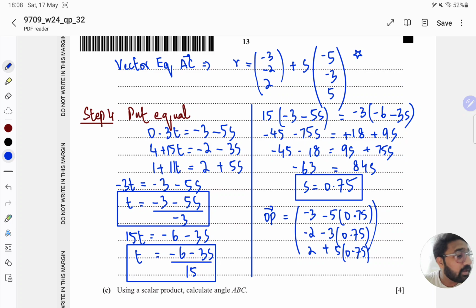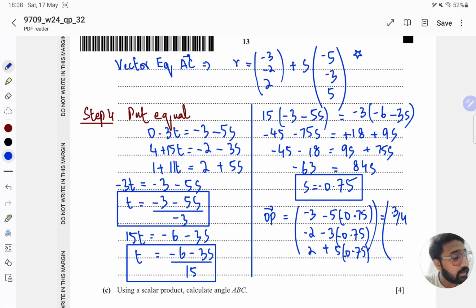This is going to give me the final answer for this vector OP as 3 by 4 for the first.